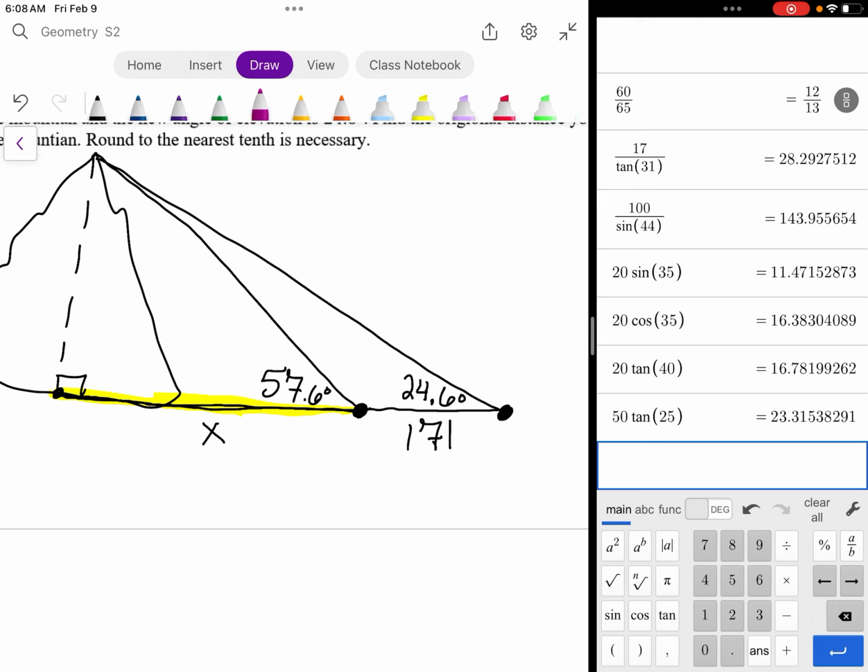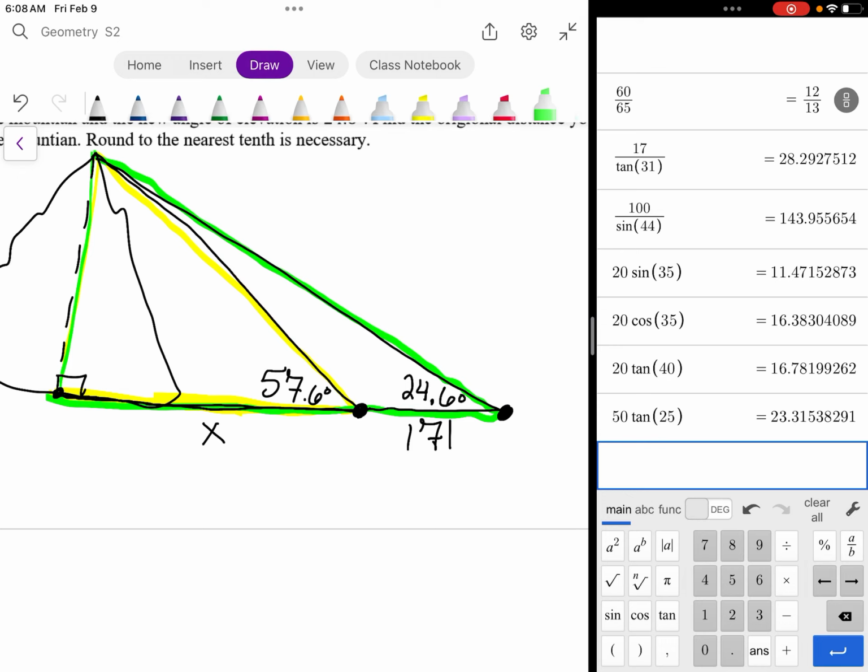Now, if we look at the 2 triangles formed, we have the smaller one that was formed with the original distance. And then we have the larger triangle that's formed when we walked 171 more feet away from the mountain.